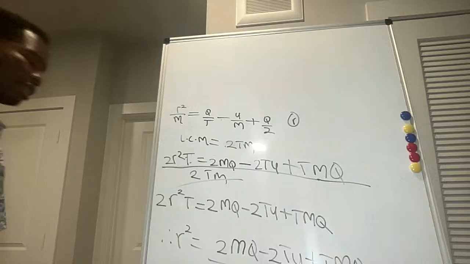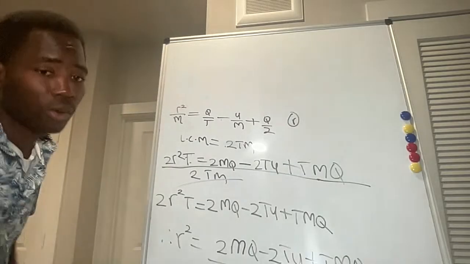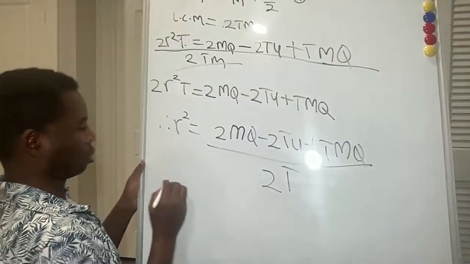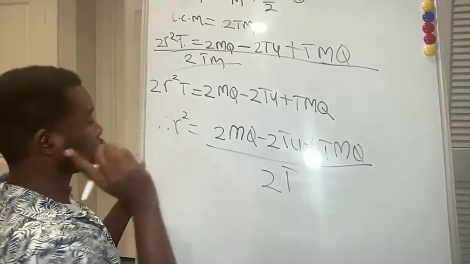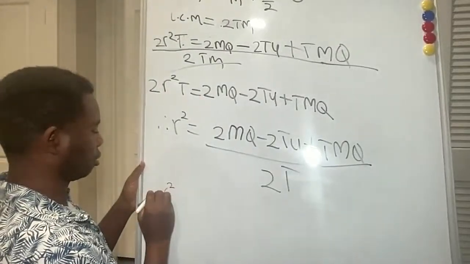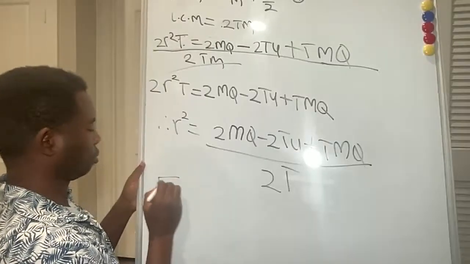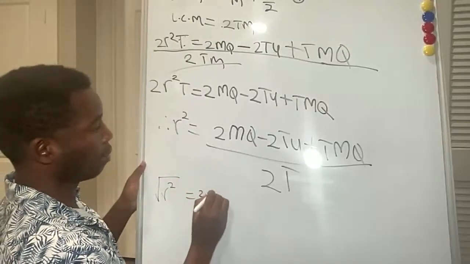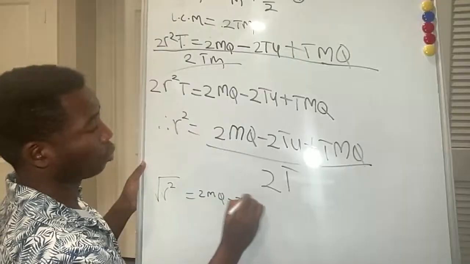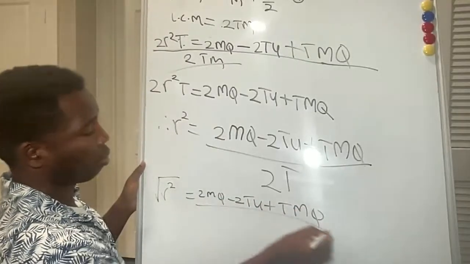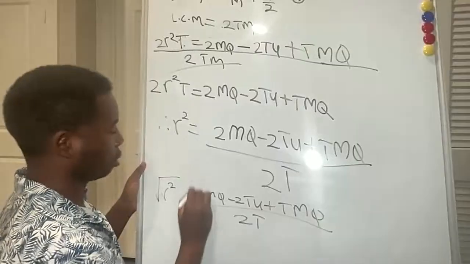Take square root of both sides. That will be R squared root is equal to 2MQ minus 2TU plus TMQ over 2T, square root.